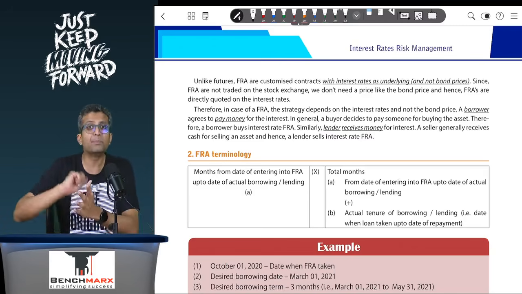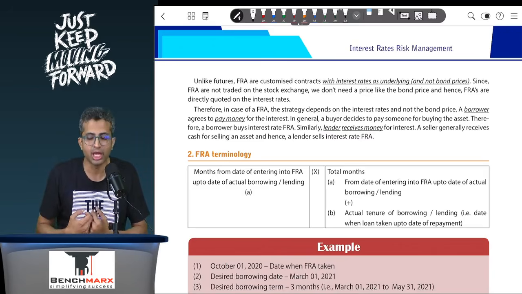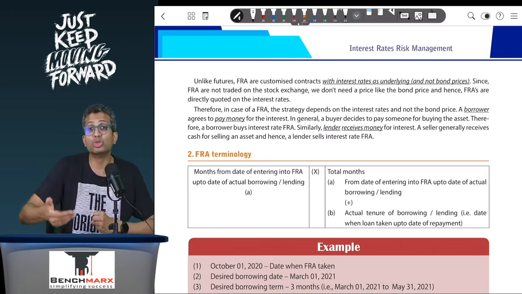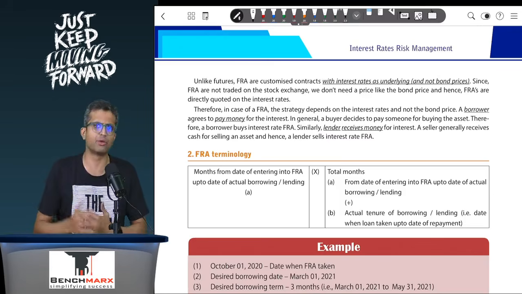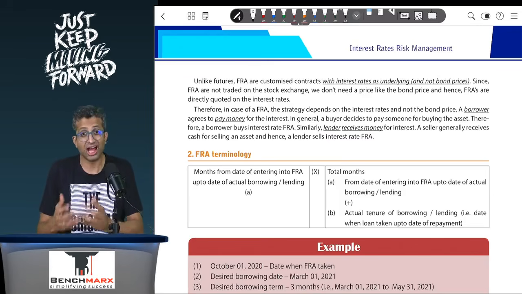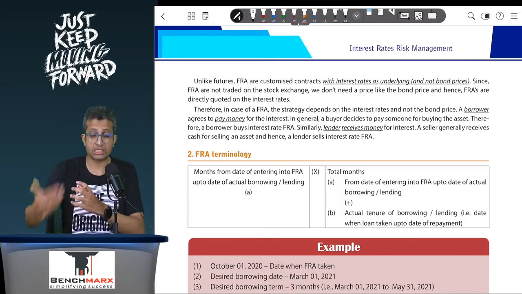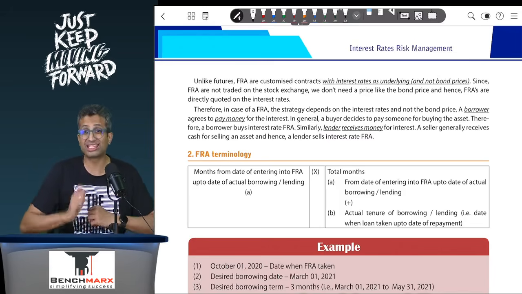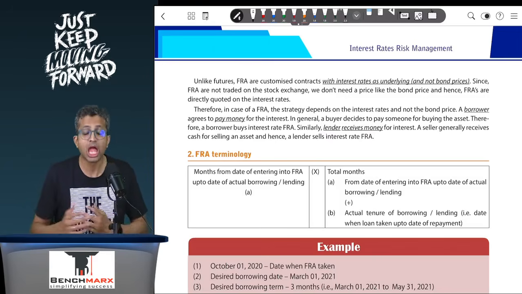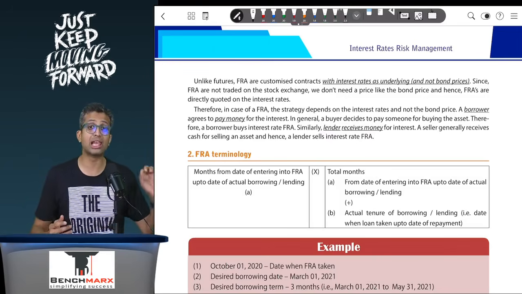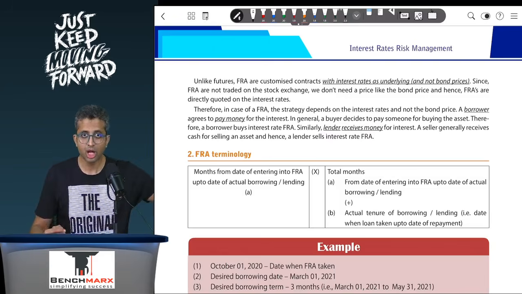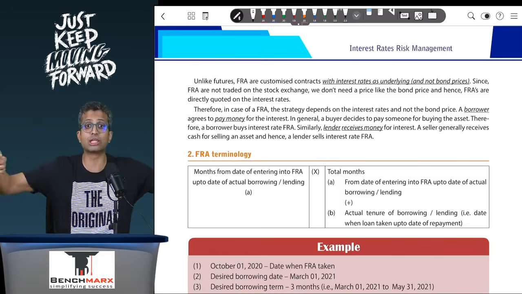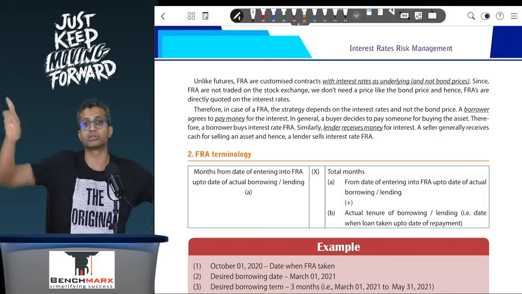You usually pay cash for something that you buy, and as a result, in case of a borrower, we say borrower usually buys in case of a FRA. However, a lender gets interest. He gets a cash inflow. And usually you get cash inflow when you sell something. And hence, we consider that the lender is selling the FRA. What creates confusion is that the strategy is exactly opposite for an interest rate future versus an interest rate FRA.